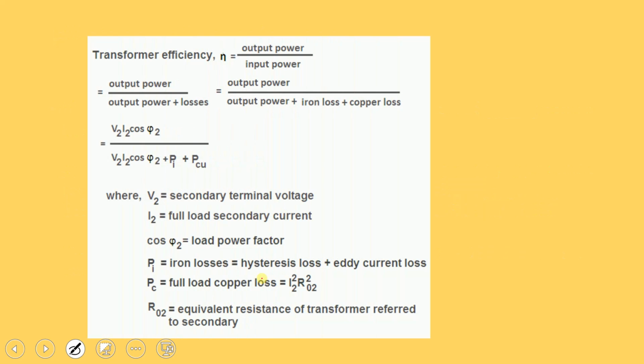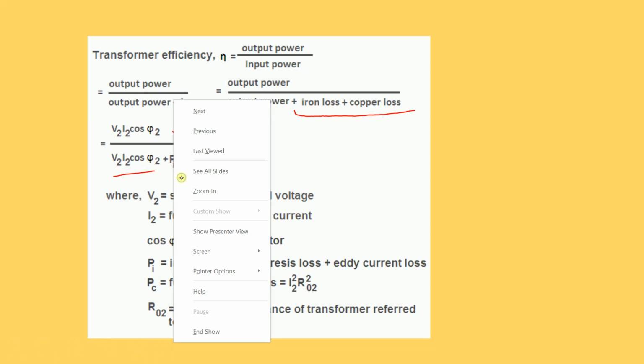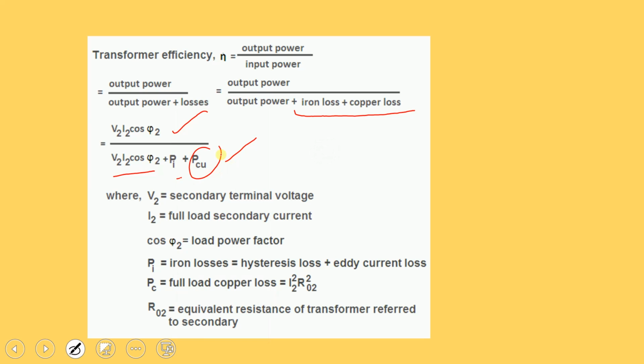These are the formulas for finding the efficiency: output power upon input power, which can be written as output power upon output power plus losses, and losses can be written as iron losses plus copper losses. These are the formulas for output power and for output power plus iron losses plus copper losses.